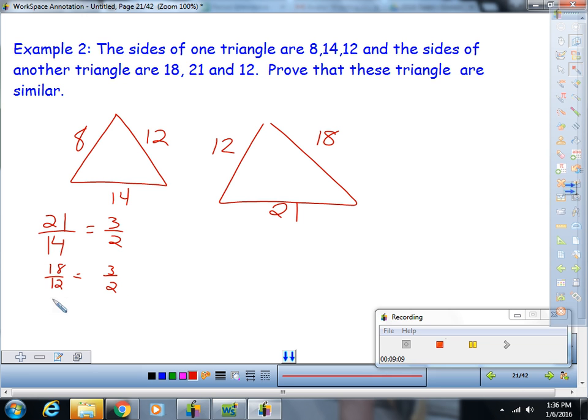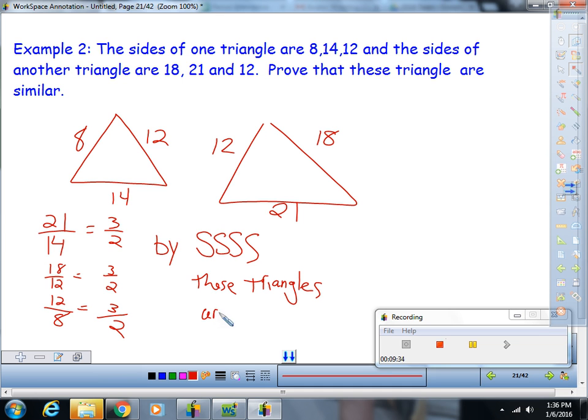And 12 over 8 is equal to 3 over 2, by SSS similarity, these triangles are similar. Boom!